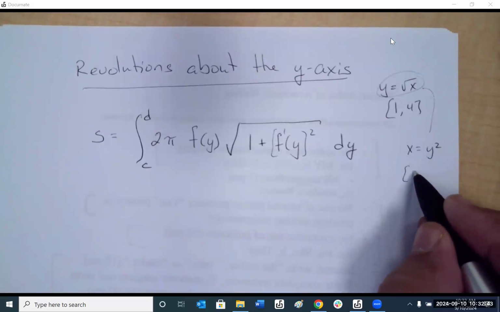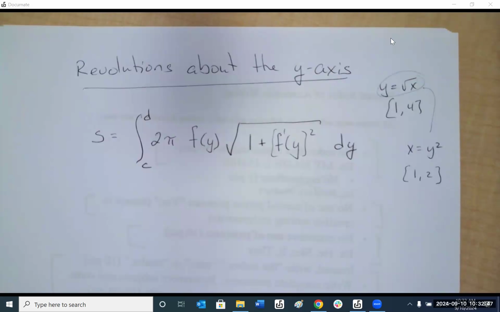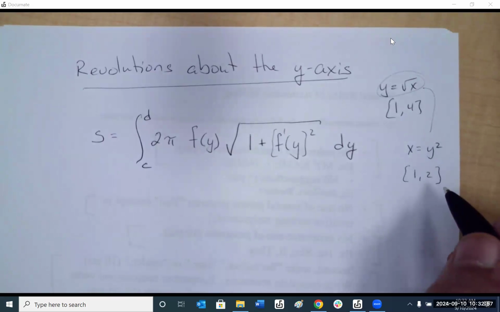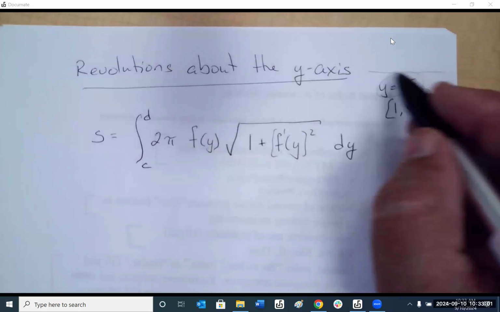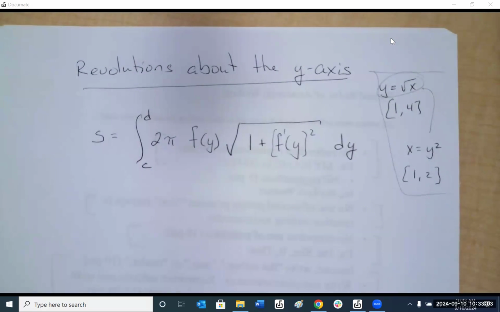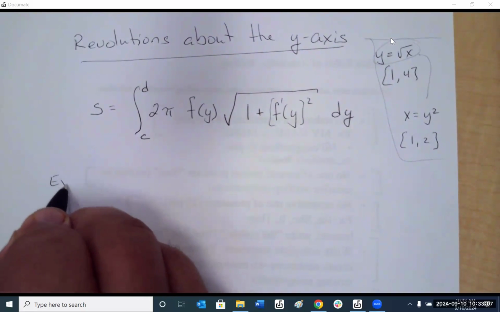And now the new bounds are going from 1 to 2. So we have to do what we've done earlier in the course. So let's look at example 2.